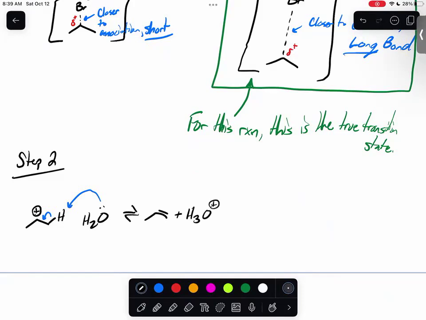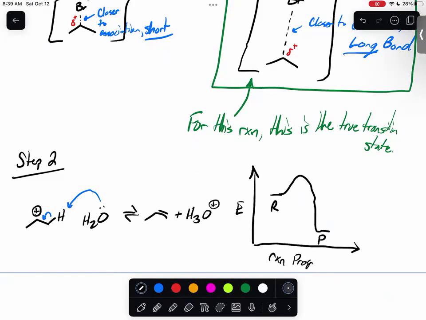Okay? So for this reaction, the second step, which we had already described, is exothermic, right? Where our reactant is of higher energy than our product. So for this one, our transition state, we would say looks more like our reactants.